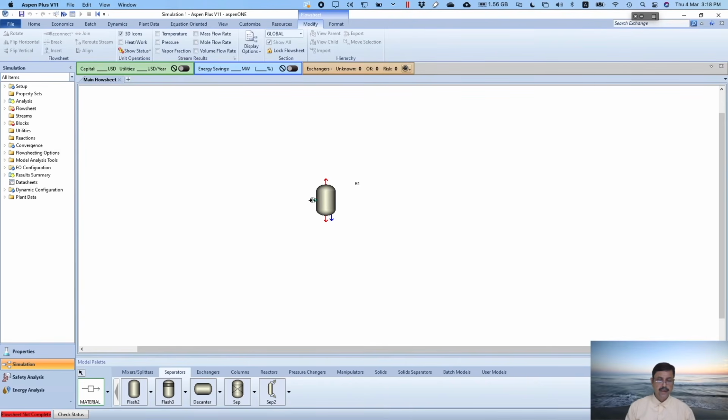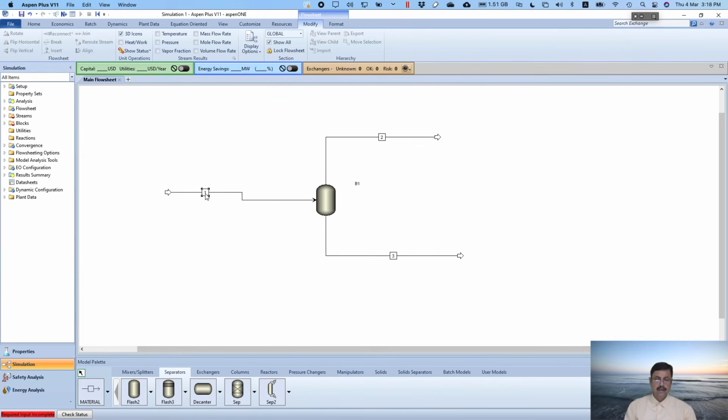So this is feed, this is vapor, and this is liquid. So just rename them. It is feed, this is vapor, and this is liquid. Press next.